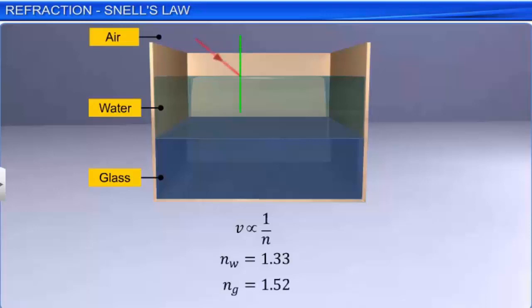For example, glass is optically denser than water. Note that optical density of a medium is different from its mass density. The optical density of a medium is its refractive index and depends on the speed of light in it, whereas mass density is the mass per unit volume.